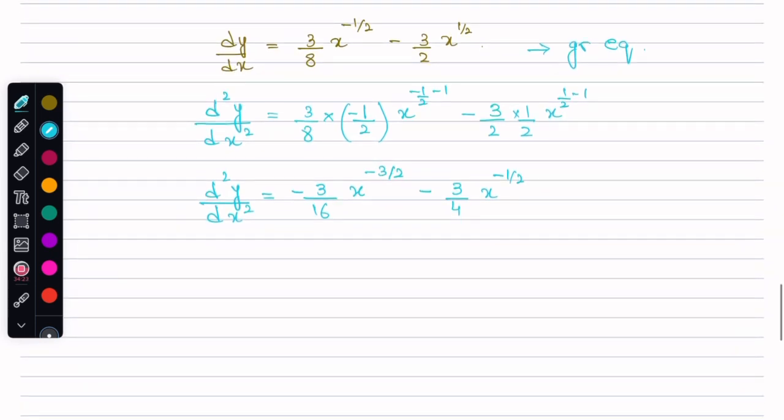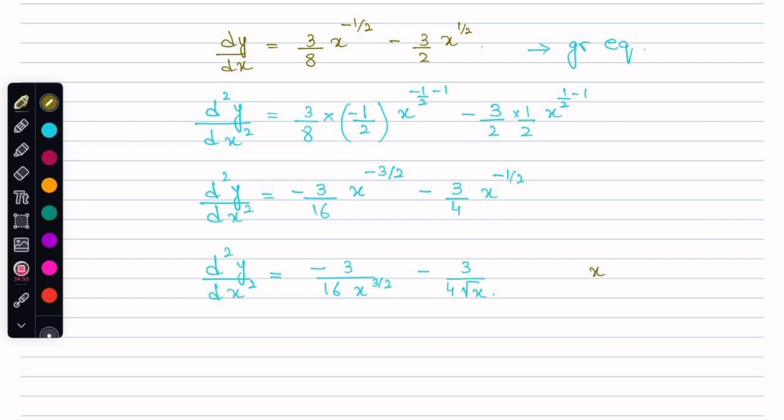If I write it in more simplified form, this second derivative d2y/dx² then shall be equal to negative 3/(16x^(3/2)) minus 3/(4√x).